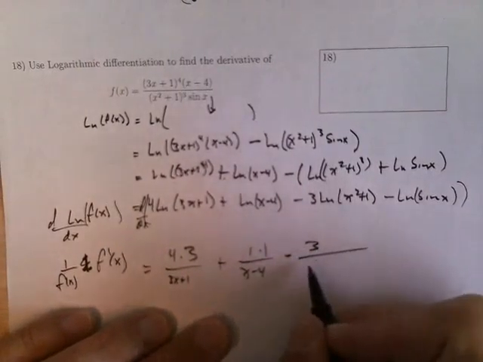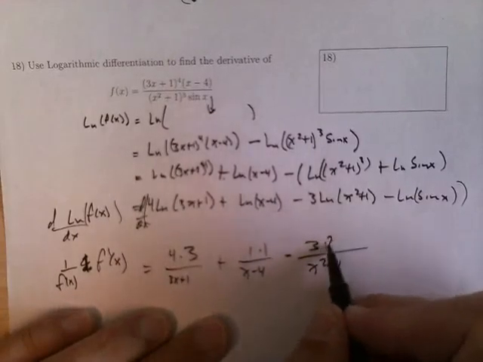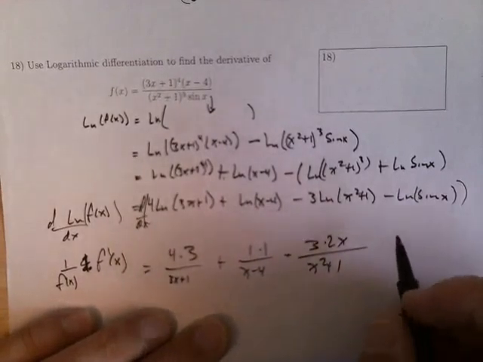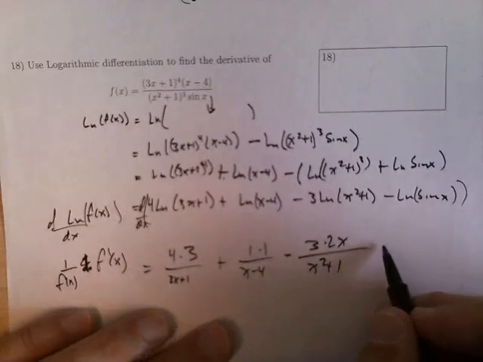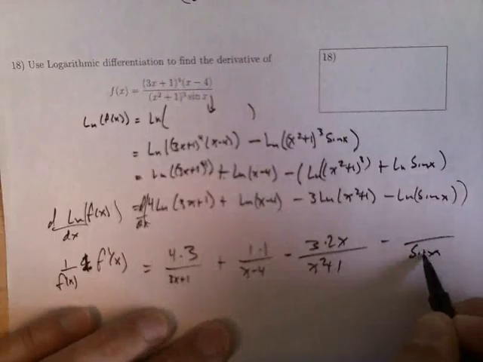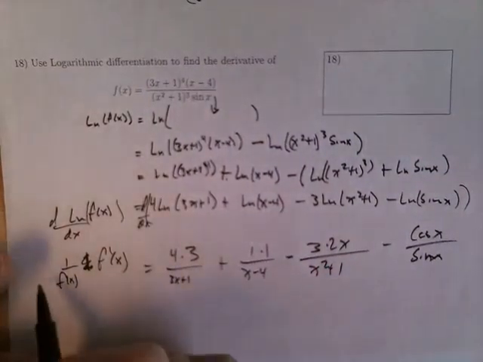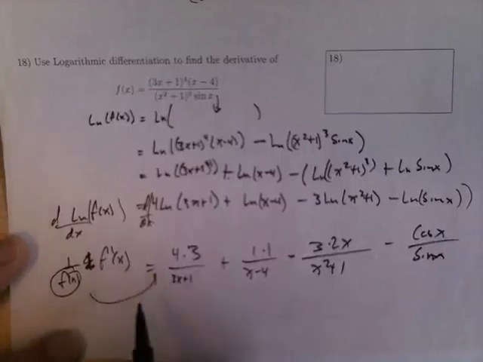The 3 comes along for the ride, the x squared plus 1 goes on the bottom, times the derivative of the inside, that's a times 2x. And likewise here, minus, you've got a sine x on the bottom, you've got a derivative of sine x on the top. You're then going to take this and multiply both sides to bring it over.